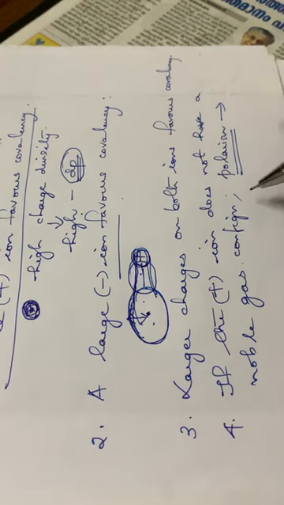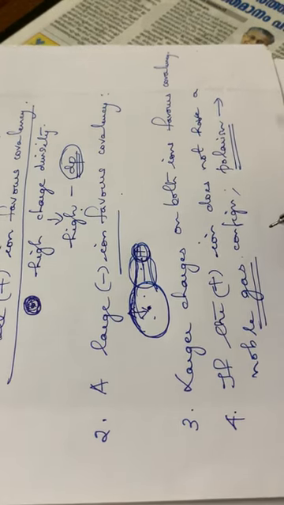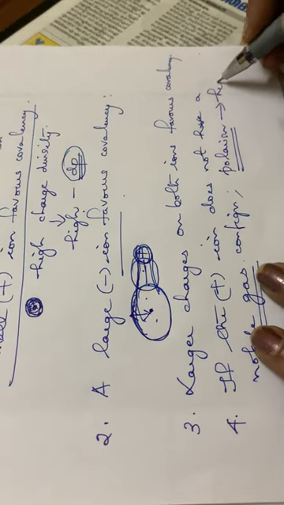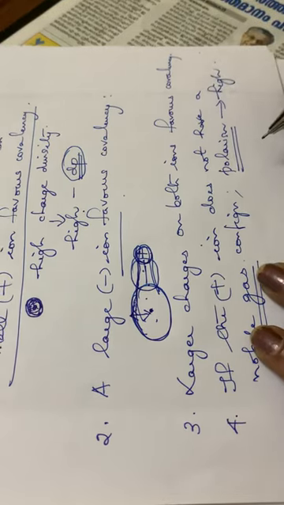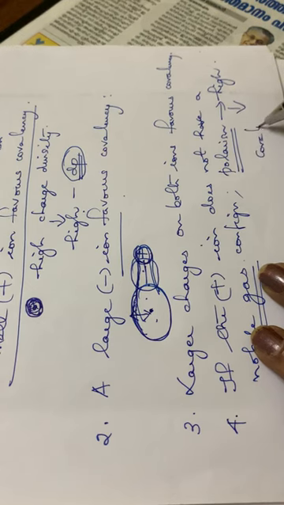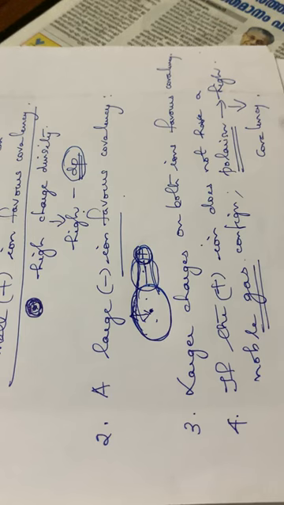Noble gas configuration means an inert gas configuration, highly stable. So if it does not have the noble gas configuration, the polarization will be high. If the polarization is high, then the covalency will also be high. So this is the last point: if it does not have a noble gas configuration, the polarization will be high.